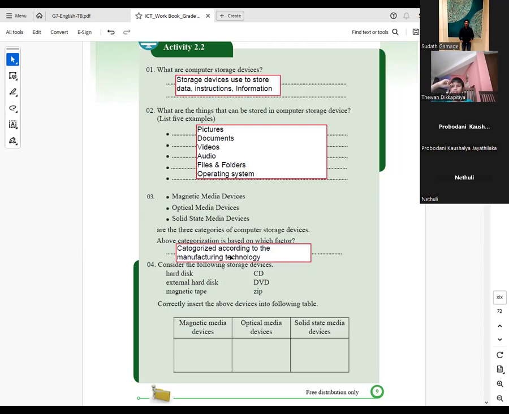Optical media devices are manufactured by different technology. Solid state media devices are manufactured by different technology. So categorized according to the manufacturing technology. Okay, sir.